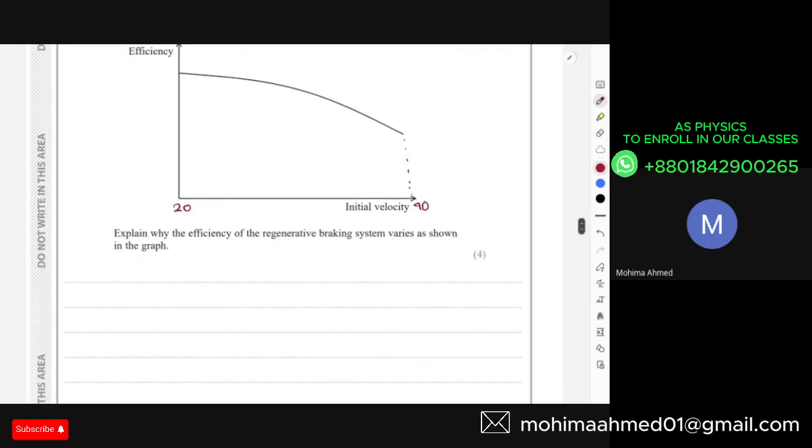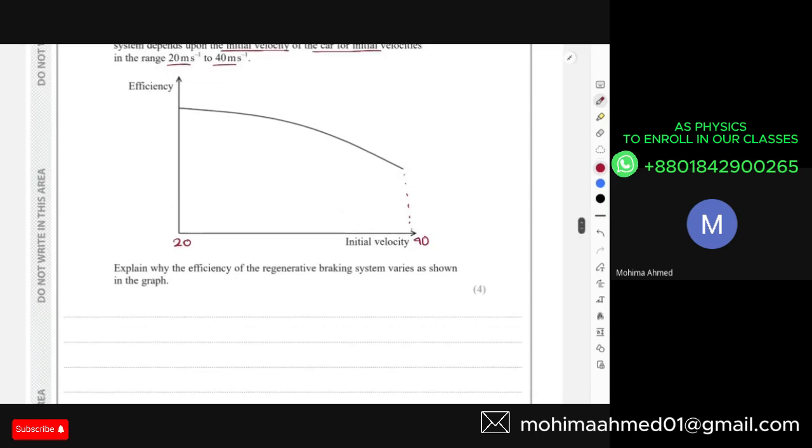Other than this, it says explain why the efficiency of the regenerative braking system varies as shown in the graph. Over here, why does an increase in initial velocity decrease the efficiency? Increasing initial velocity means that only a smaller amount of the total energy input is actually used to charge the battery.